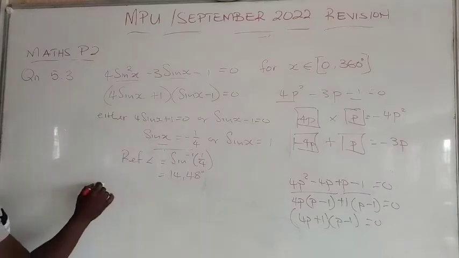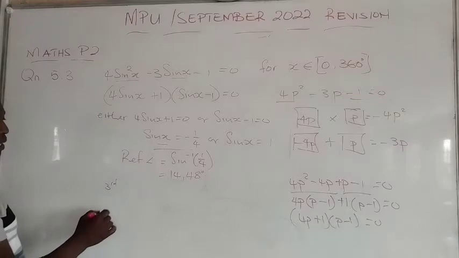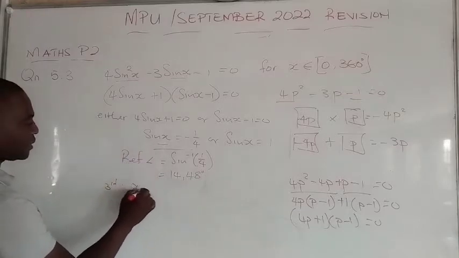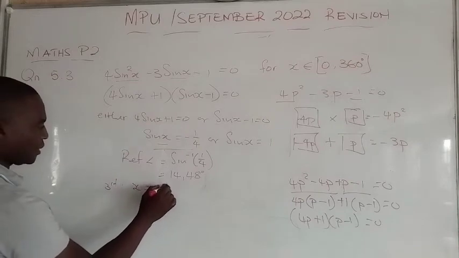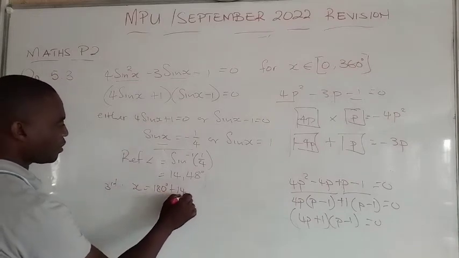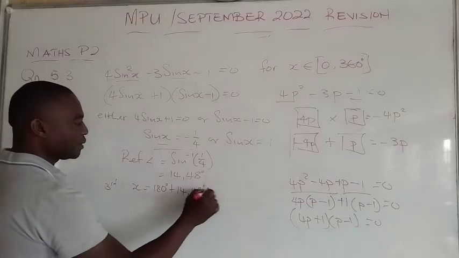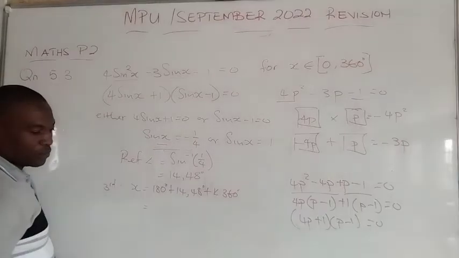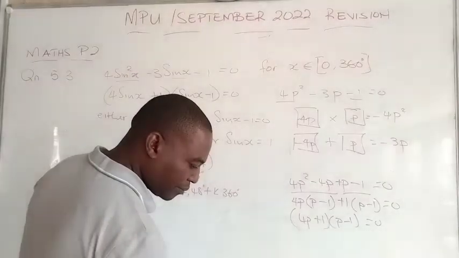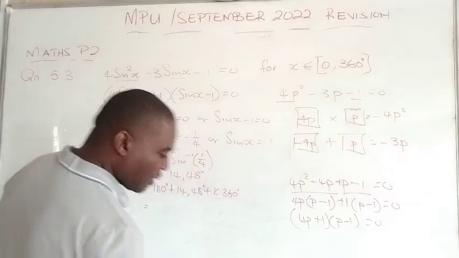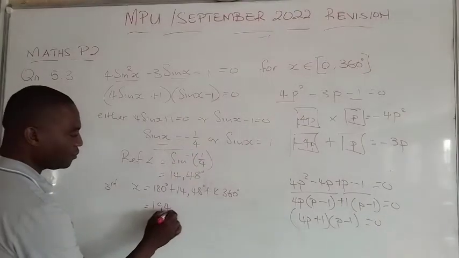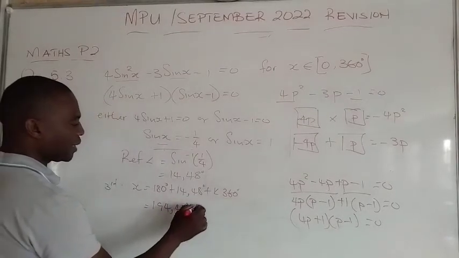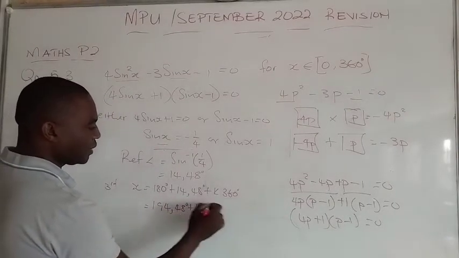Now we understand that when the sine ratio is negative, we are in the third and the fourth quadrant. So let's establish our general solution in the third quadrant. That will be x is equal to 180 degrees plus 14.48 degrees plus k by 360 degrees, and this will give us 194.48 degrees plus k by 360 degrees.